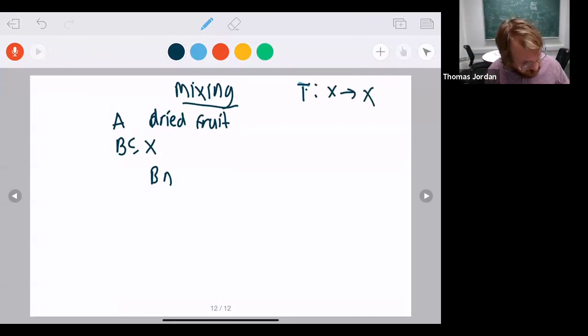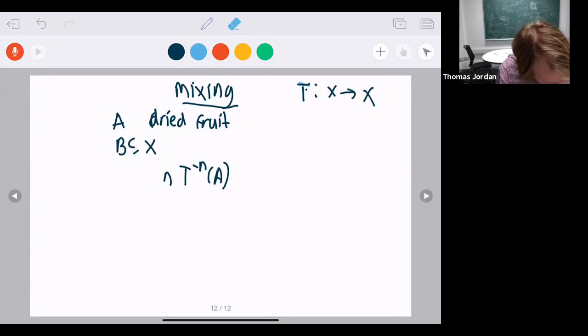So then we have B intersected with T to the minus n of A. These would be the points in B that started off as dried fruit, but have ended up there once we've iterated the map.